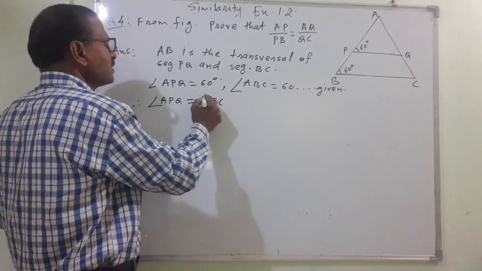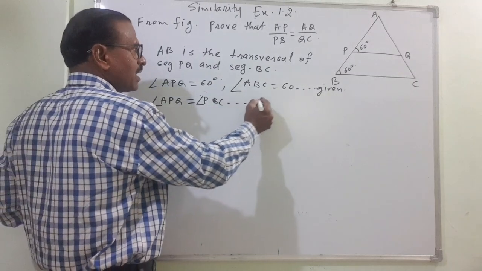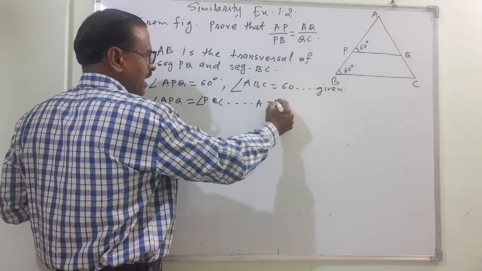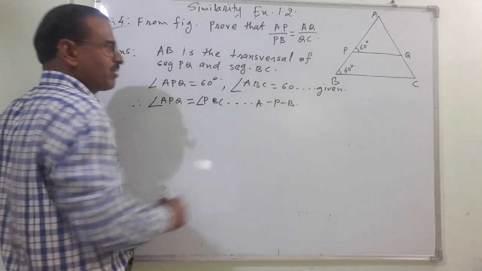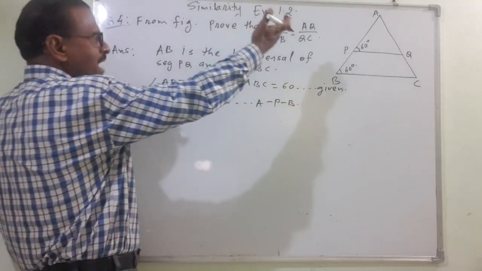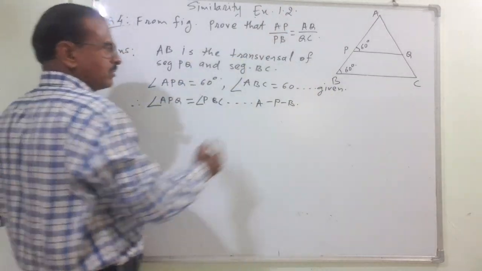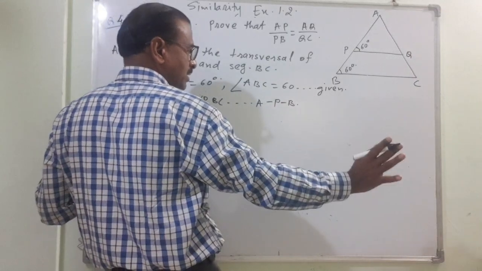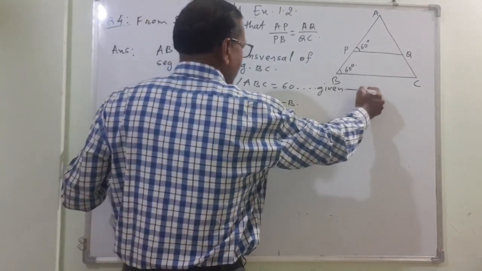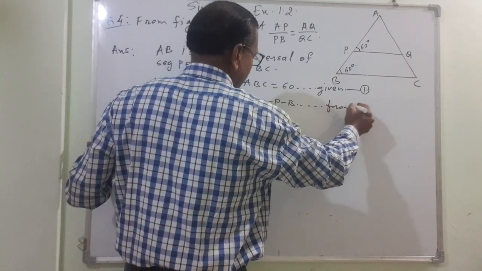I will write PBC. When I am writing PBC, I have to give the reason, A dash, P dash, B. Instead of saying A, I can say P. Is this clear? This statement will be number 1 and here the reason I will give from 1.